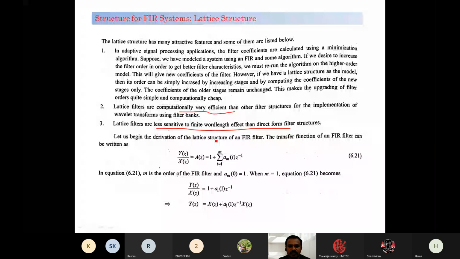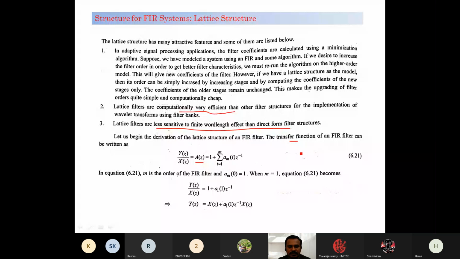Let us take the transfer function of an FIR filter, given by the system function H of z. Here we are going to label that as A of z. Don't get confused about these labels, because based on the structures we use different labels.